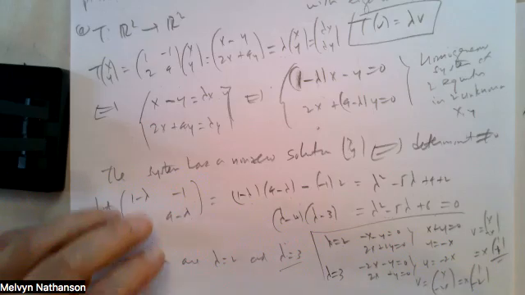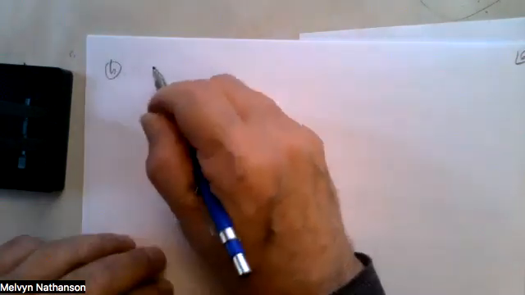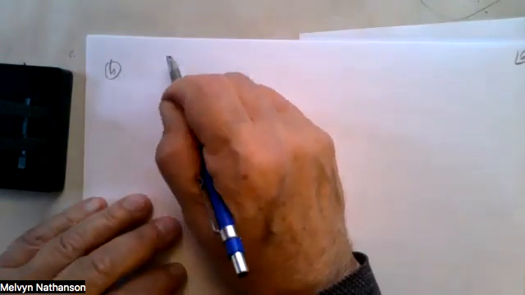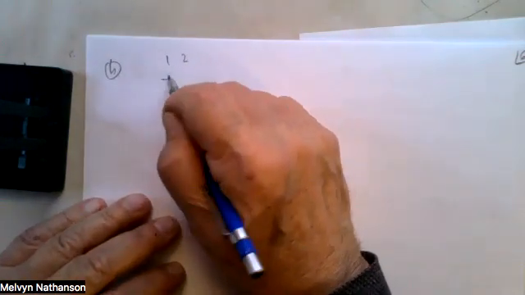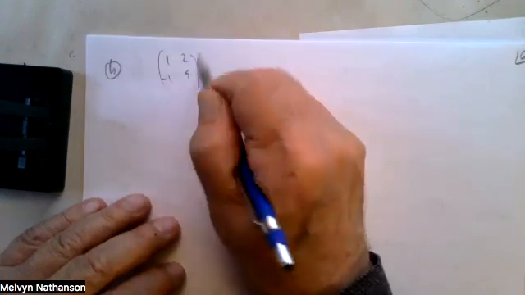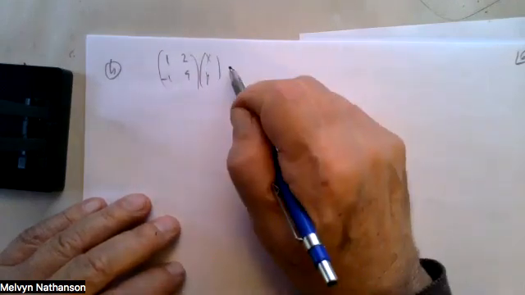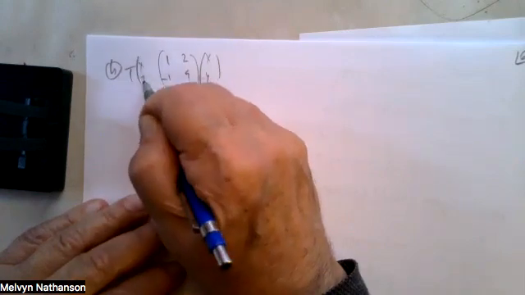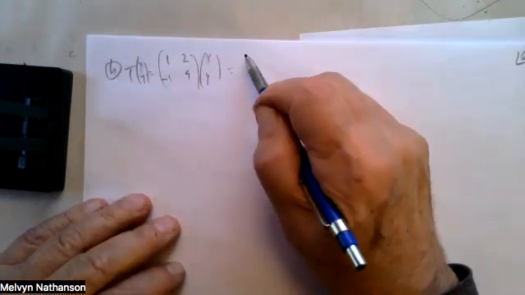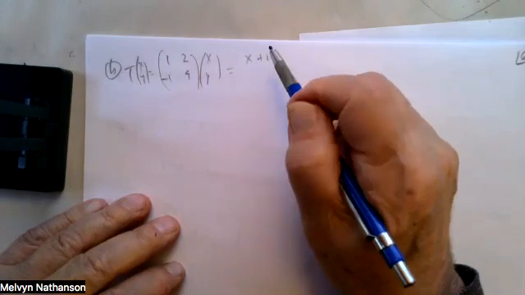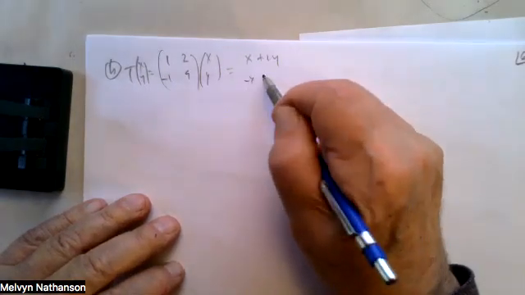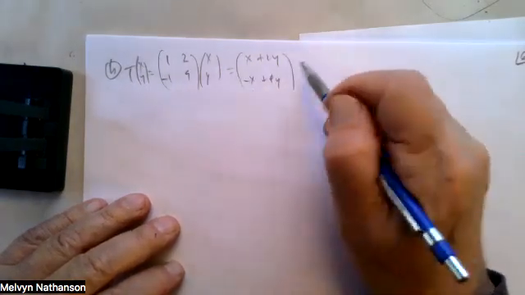Let's do part B. In part B, we have the matrix 1, 2, minus 1, 4. And this times the vector xy, this is T of xy, is x plus 2y, minus x plus 4y.